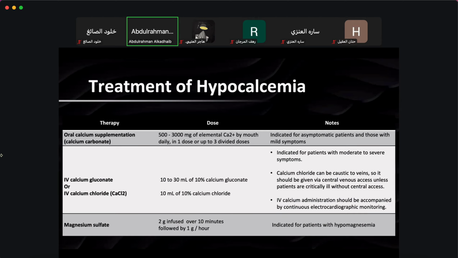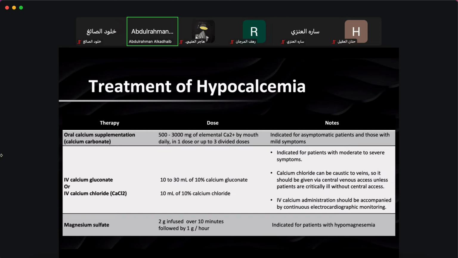And as we said in the treatment of potassium disorders, we should always put those patients on continuous monitoring, because continuous replacement of calcium through the IV line may cause some arrhythmias or accidental hypercalcemia, for example. So we should always keep them on cardiac monitoring while we replace the calcium by IV replacement.